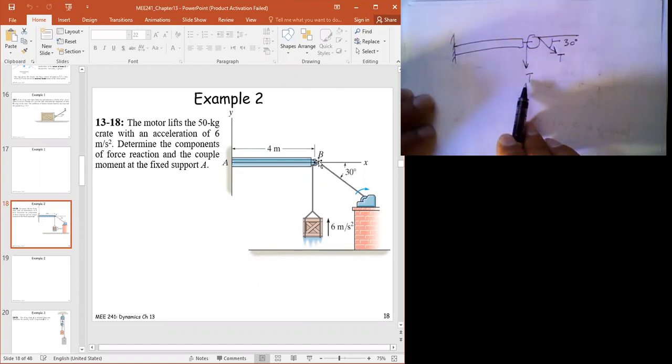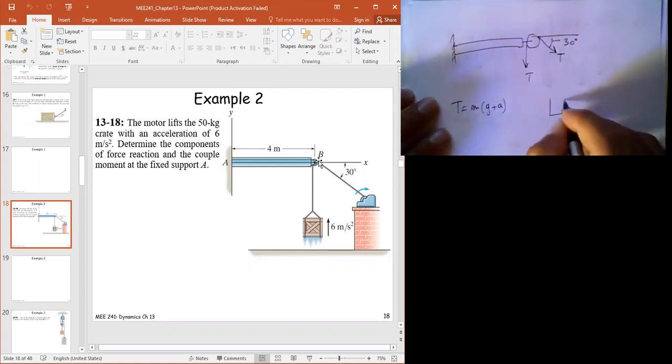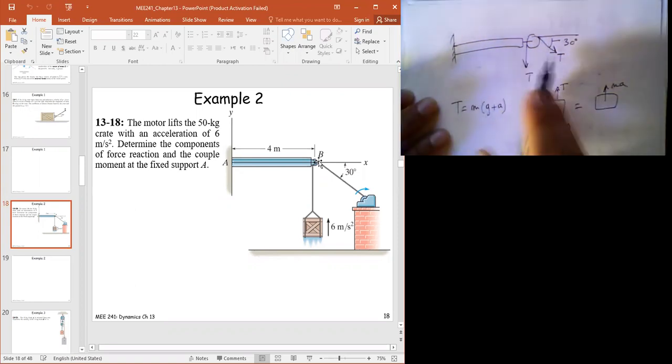It's M times G plus A. It is M, plus multiplied by mg plus A. Why is that? Because you can draw a diagram. T, mg, ma, right? So T is equal to mg plus ma. Okay, so I have T and then T.